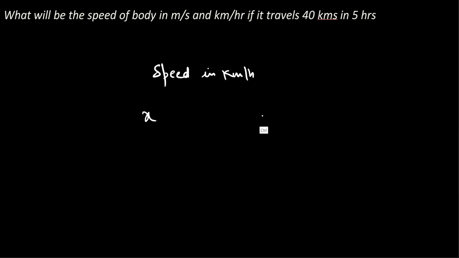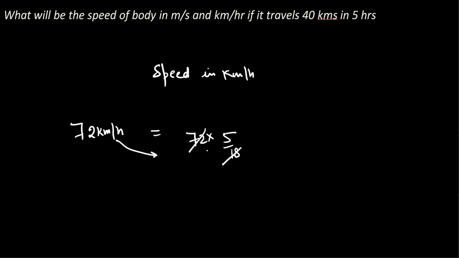For example, if you have a speed of 72 kilometer per hour and you want to convert it into meter per second, you have to multiply 72 kilometer per hour by 5/18, which gives 20 meter per second. You understood?